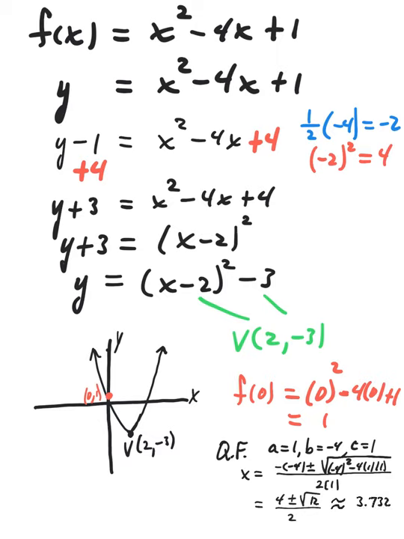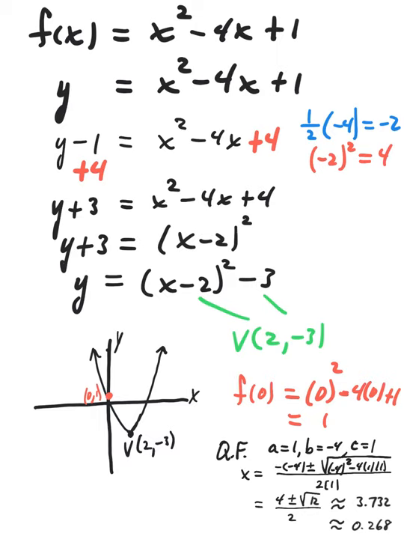With the minus sign, 4 minus square root of 12. Divide that answer by 2. And you want to calculate the entire numerator before you hit divide by 2. I get 0.268. These are approximate locations of the x-intercepts.